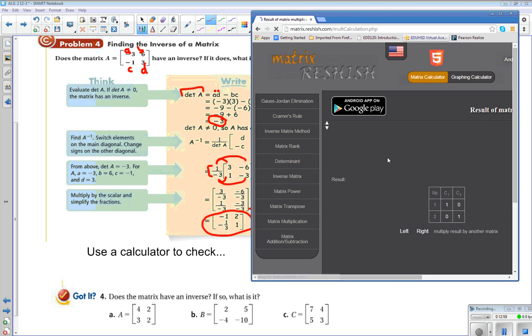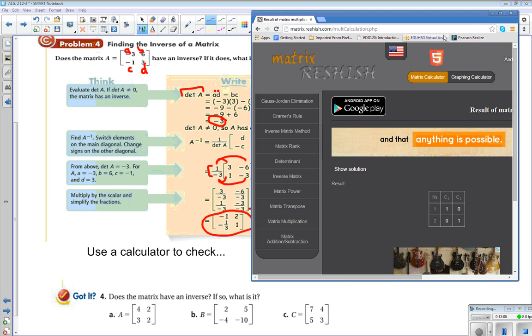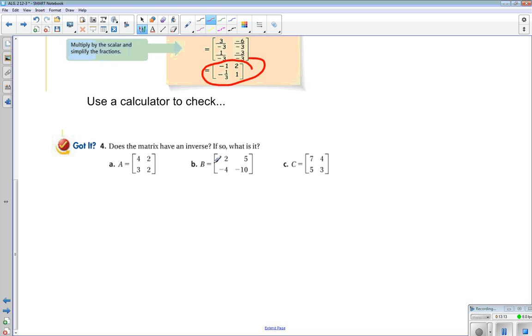Calculate, and I should get the identity matrix, and I do, yay! Because when an inverse is multiplied by its buddy, it gets the identity.